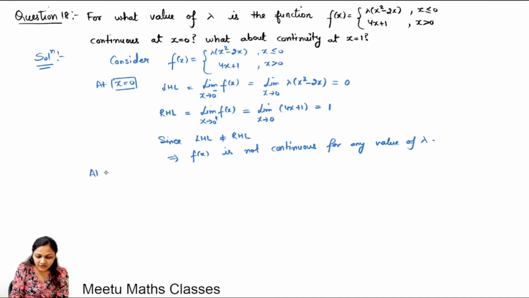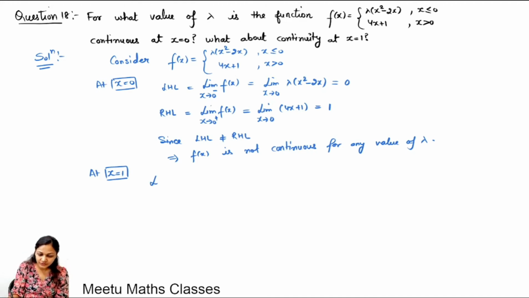Now you can also find the value of lambda if f(x) is continuous at x equals 1. For x equals 1, your left hand function definition and right hand function definition is the same.